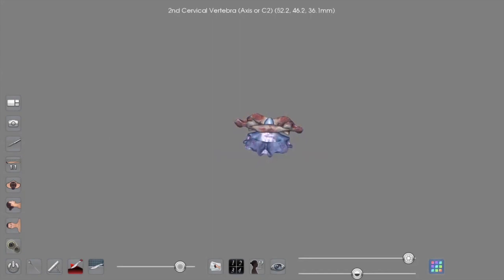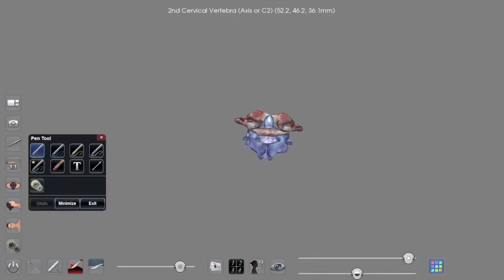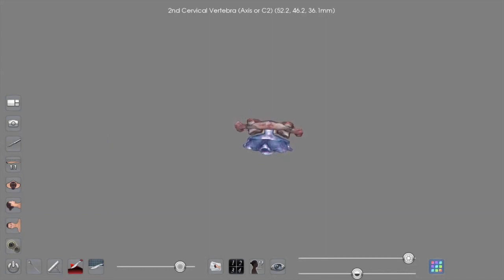Beneath the atlas sits the axis, or C2. The axis is unique because of its large dens, which is the projection sticking up within C1. The atlanto-axial articulation is extremely important for rotation of the head and neck.